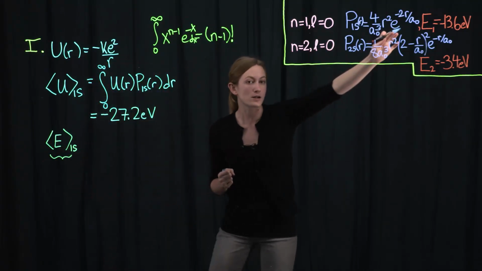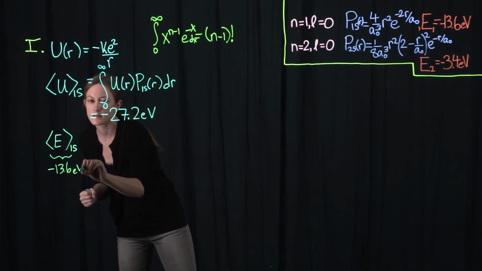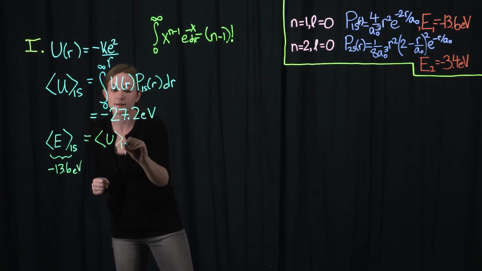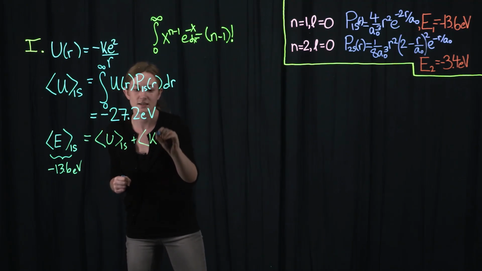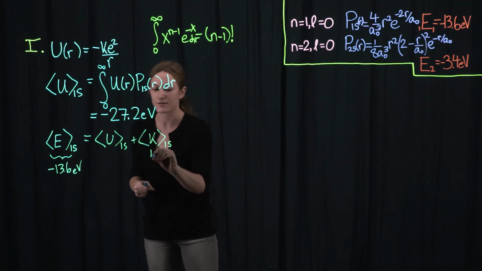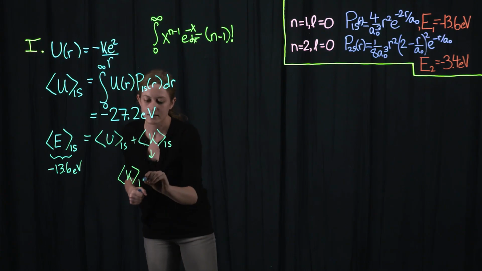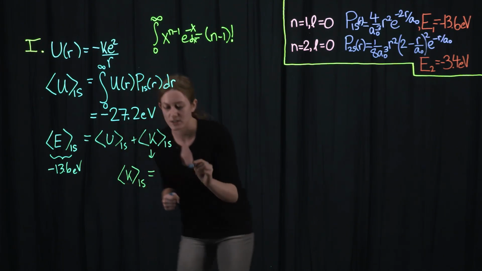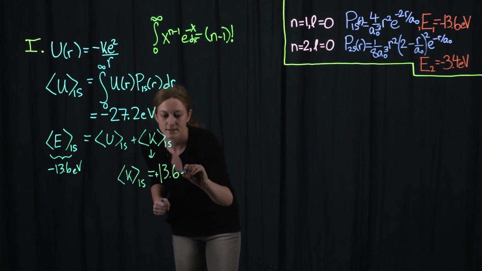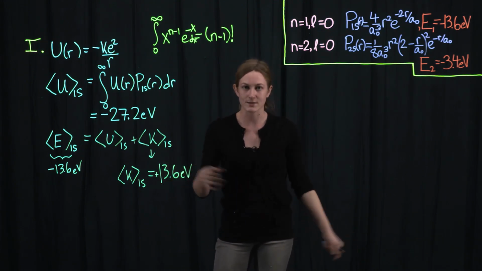This is just E1, minus 13.6 eV, which is equal to the average potential energy plus the average kinetic energy. And so, plugging in, we could solve for the average kinetic energy, K, in the ground state of hydrogen equals a positive 13.6 eV. And this is positive like we'd expect a kinetic energy to be.